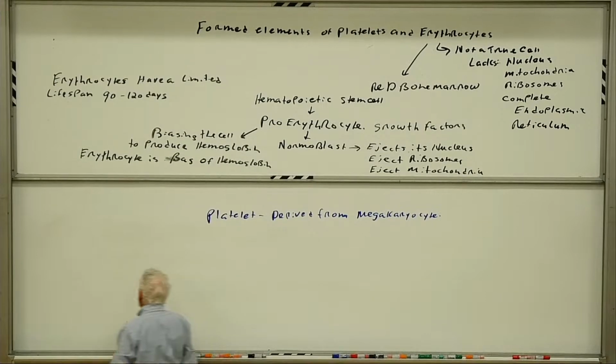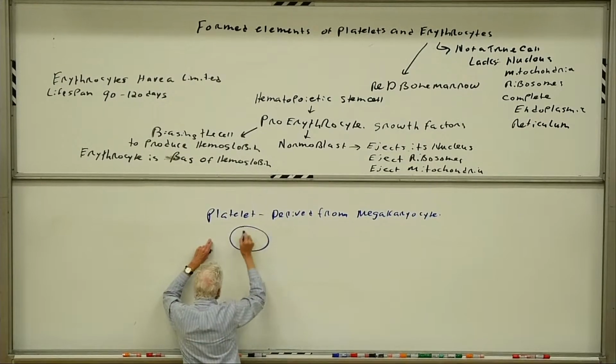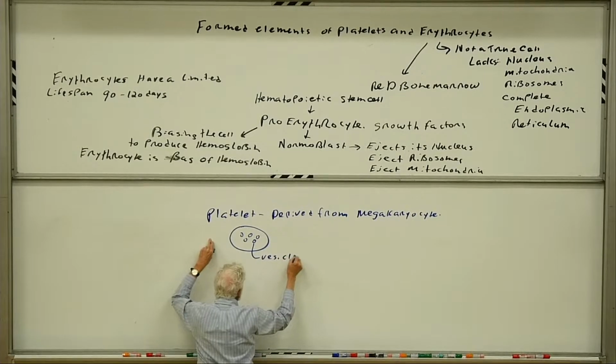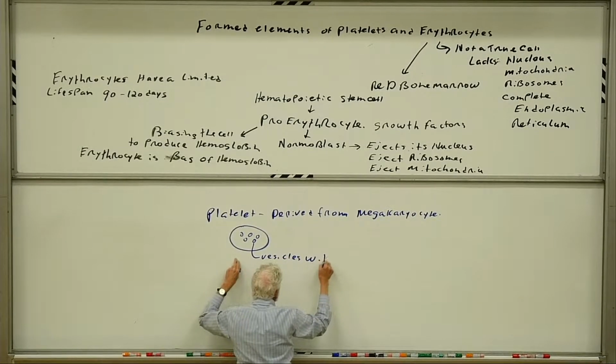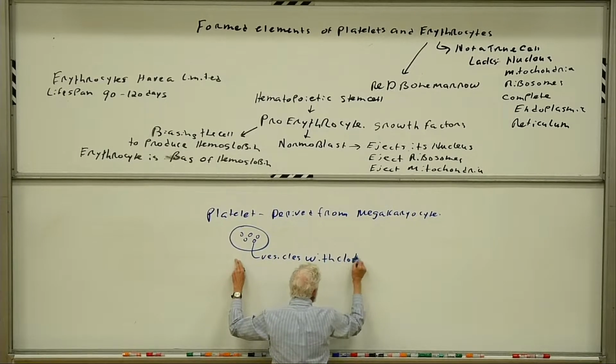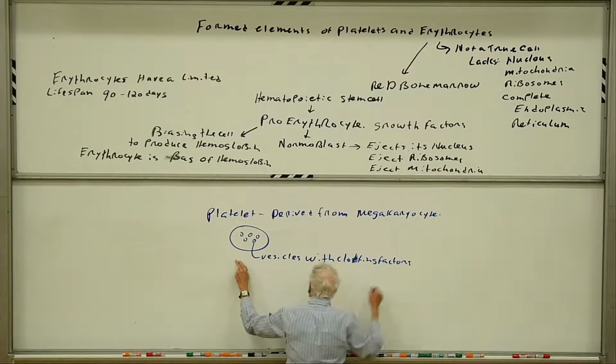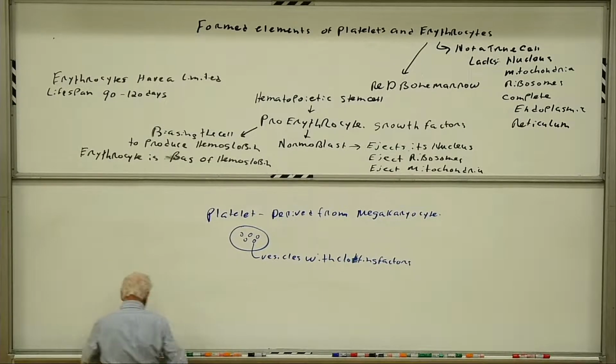But these are formed elements because in the end, they are these tiny bags of vesicles with clotting factors. They're essential for blood clotting.